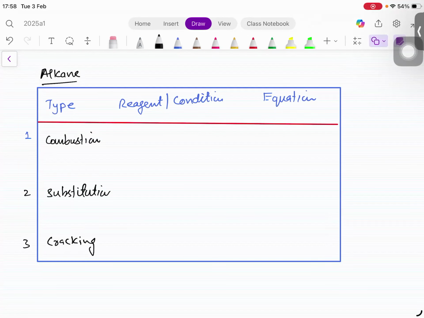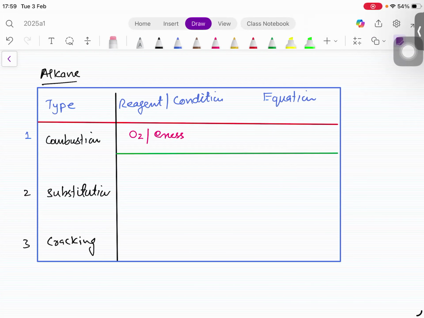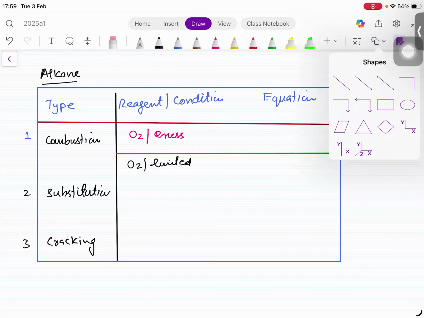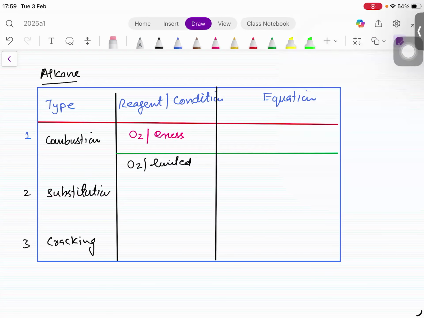Okay, and then what was the reagent and condition for the combustion? There were two types: oxygen reagent and condition excess. And there was another one, if you remember, combustion had two. What was that? Oxygen but limited. Okay, so you have to write the equations for both of them in the next step.